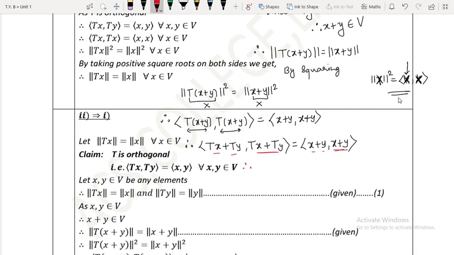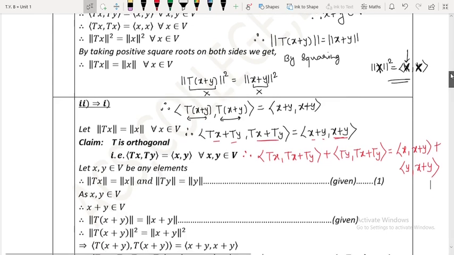So on the left hand side I get the inner product of Tx with Tx plus Ty, plus the inner product of Ty with Tx plus Ty. So this is for the left hand side. Now for the right hand side, I get the inner product of x with x plus y plus the inner product of y with x plus y, right?